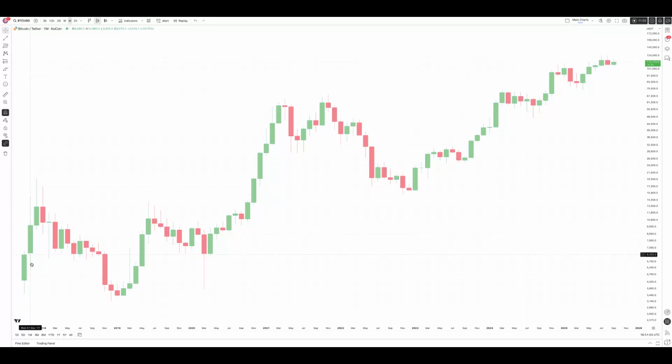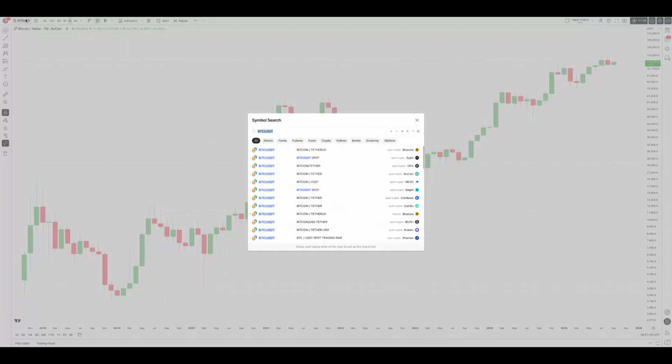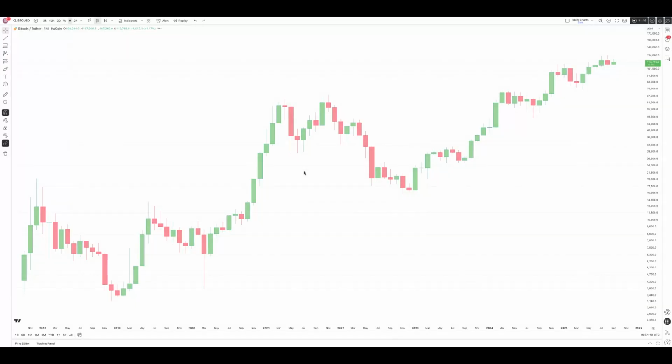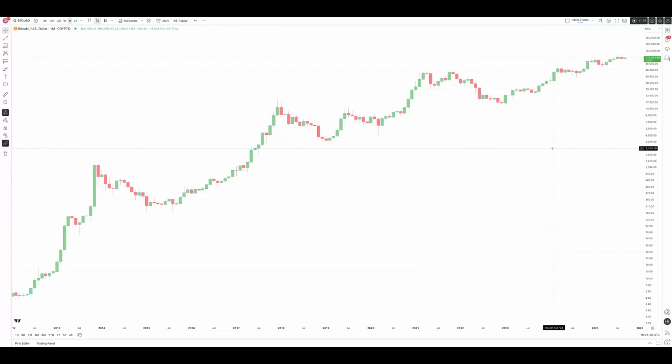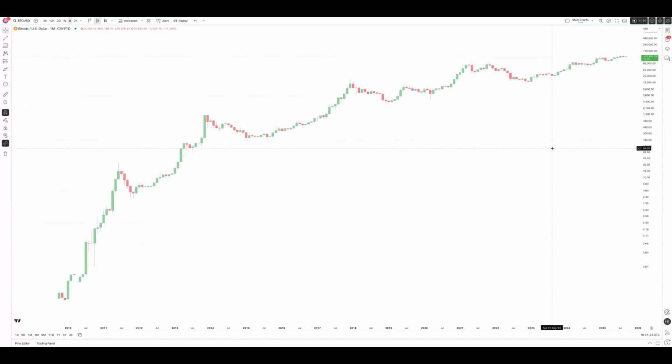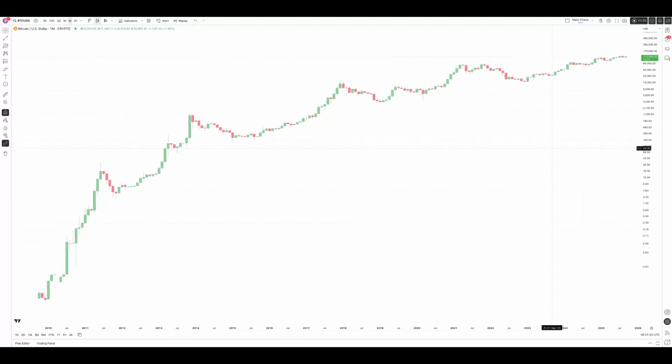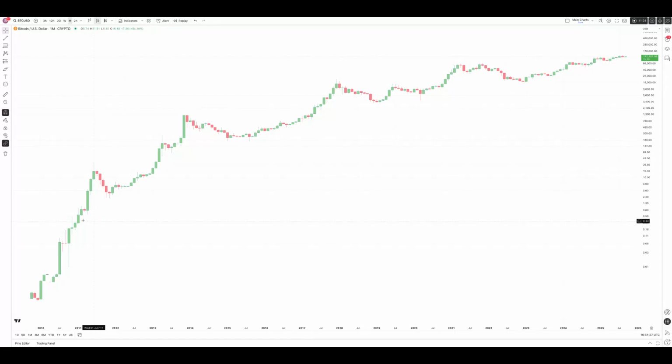You can see a lot of Bitcoin history on a chart like this. I can switch to BTC USD. I don't like that because it doesn't show you volume. When it's just to the dollar, a lot of the indicators that I'm using will not work because they are based on volume. So I like to have a price chart from a currency exchange. Anyway, here you see, and in log scale too, right? Bitcoin's history.